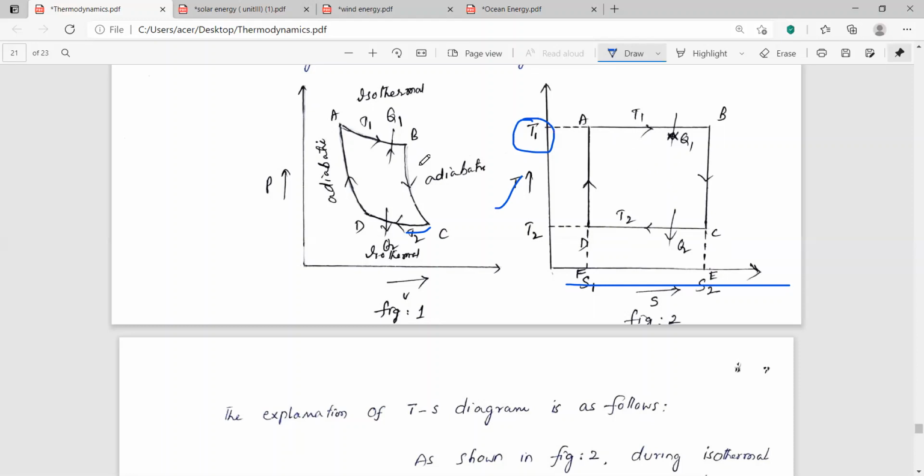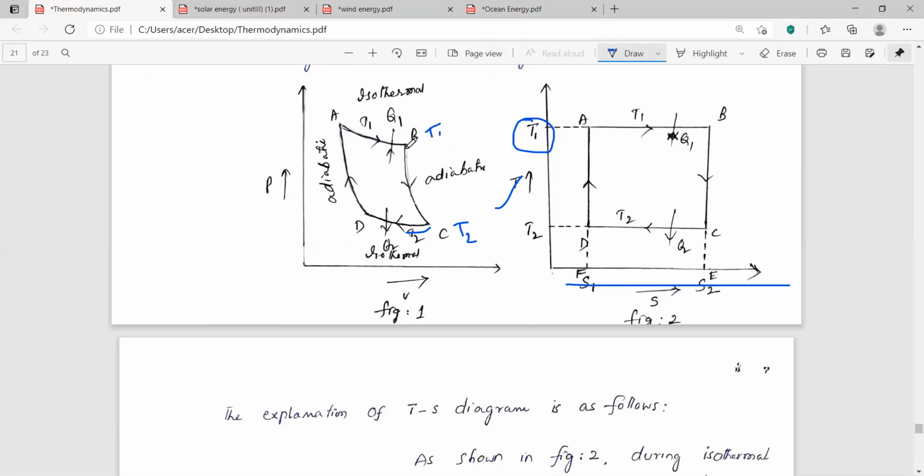Now, if you see the adiabatic process from B to C, here the temperature changes from T1 to T2.